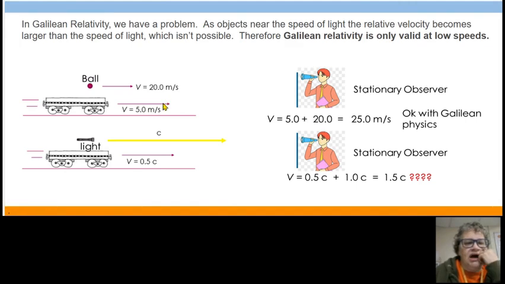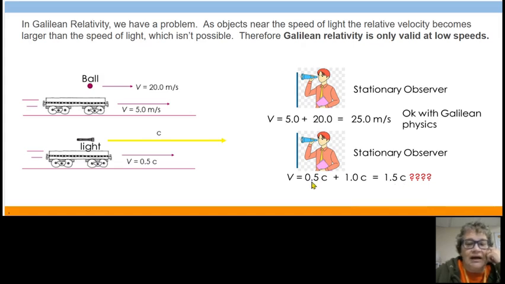Okay. Now, if we were to put a light, like a flashlight, on the cart, and set the cart going at 0.5 that of c, so half the speed of light, we find that the stationary observer ends up seeing a velocity of 1.5 c.